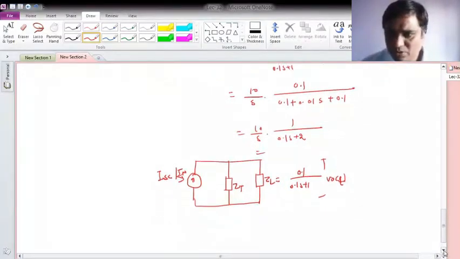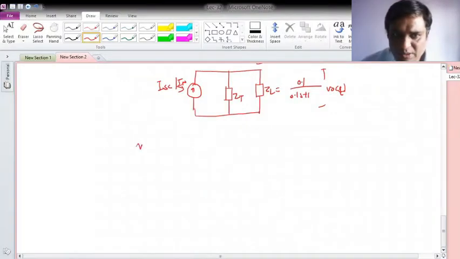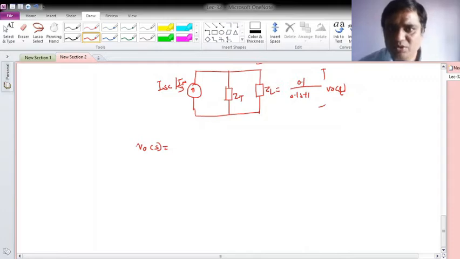From that I can directly obtain V0 of t, and let me write in the Laplace domain. What is the voltage across it? It will be this current into this total impedance. Again I observe that these are in parallel, so it will be ISC into ZT in parallel with ZL.